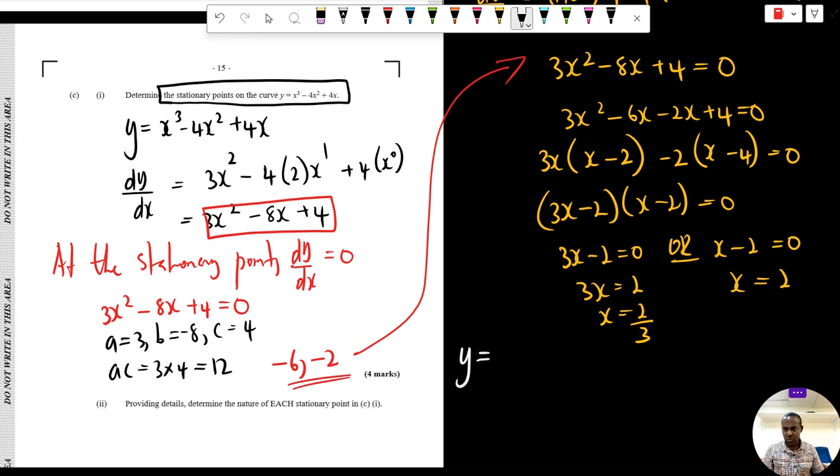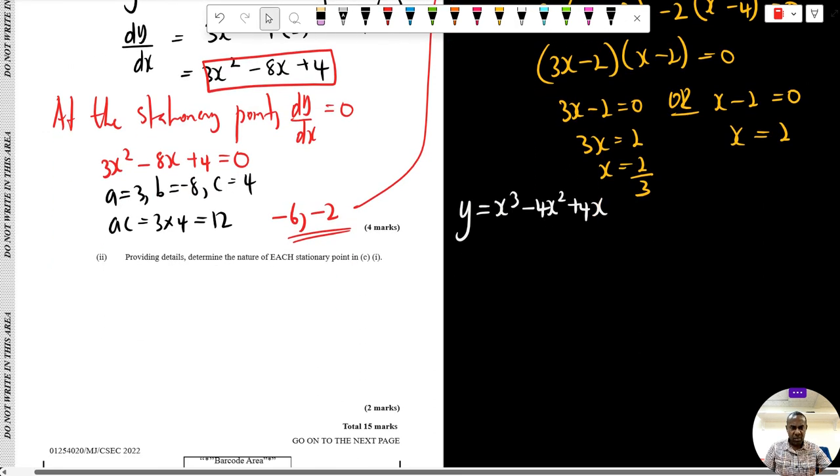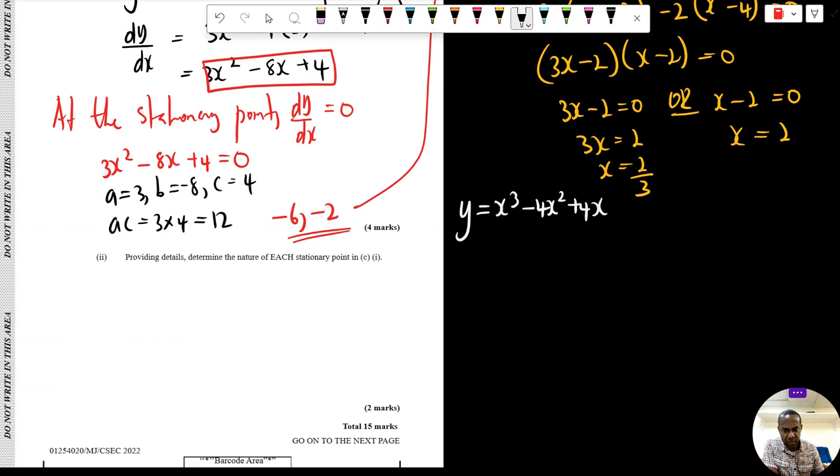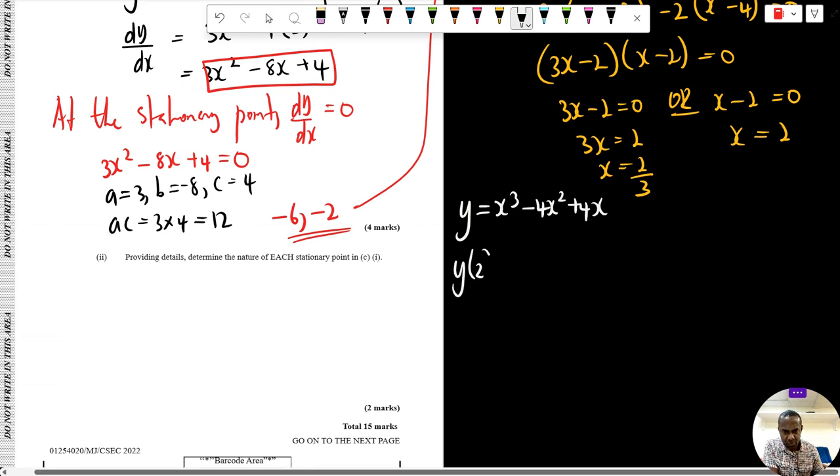So y is equal to x cubed minus 4x squared plus 4x. Right? And therefore, we could say that y of 2 is equal to 2 cubed minus 4 times 2 squared plus 4 times 2.